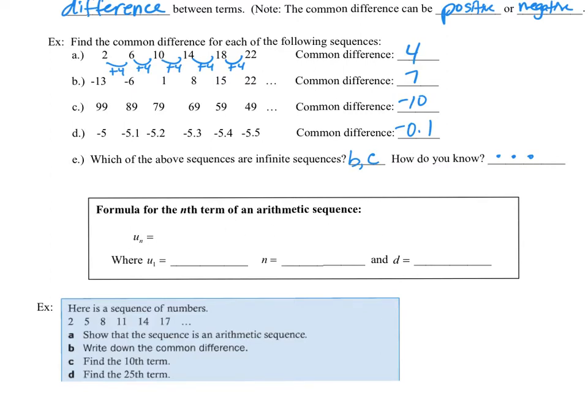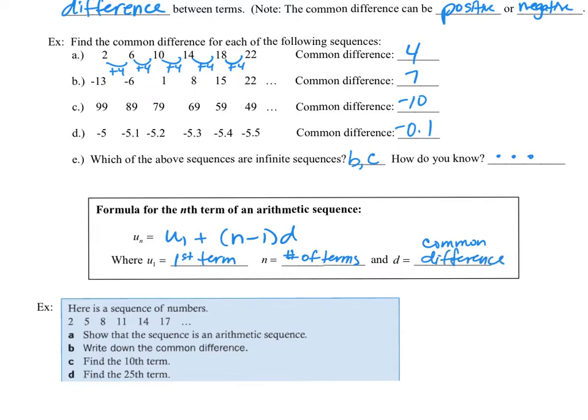So that formula is u sub n equals u sub 1 plus parentheses n minus 1, close those parentheses, times d, where u sub 1 represents the first term of the arithmetic sequence, n is the number of terms, and d is that common difference.